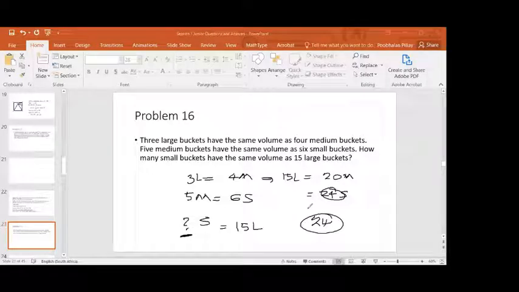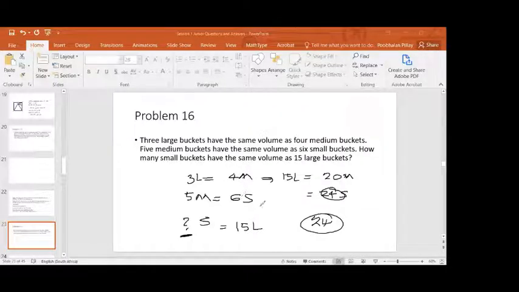See, if you write the given information in the form of equations as I've done here, you translate the language into mathematical equations. 3 large buckets, the volume will be 3L, is the same as, so you say equals, 4 medium, so it's 4M.